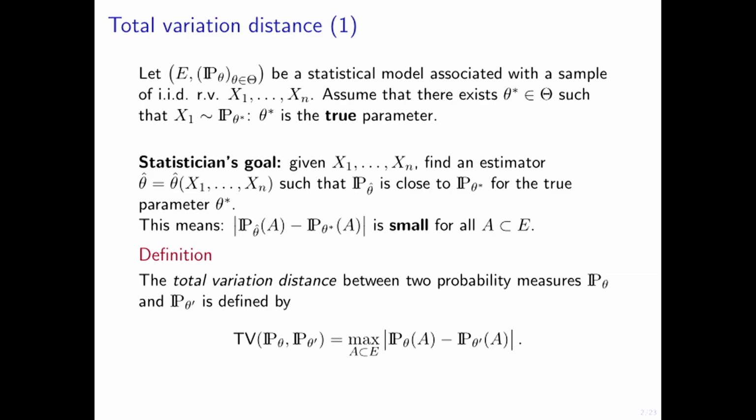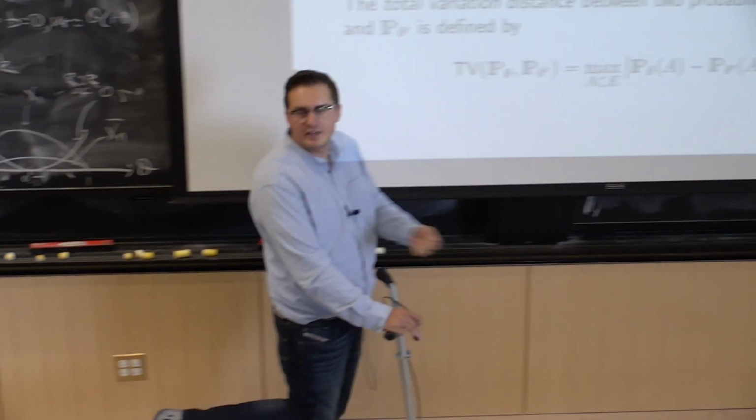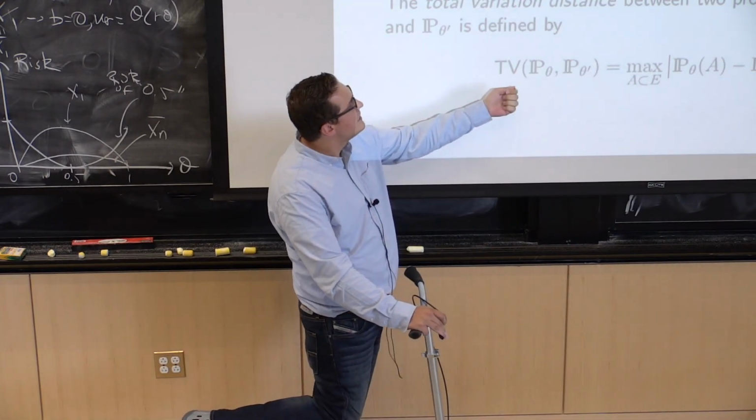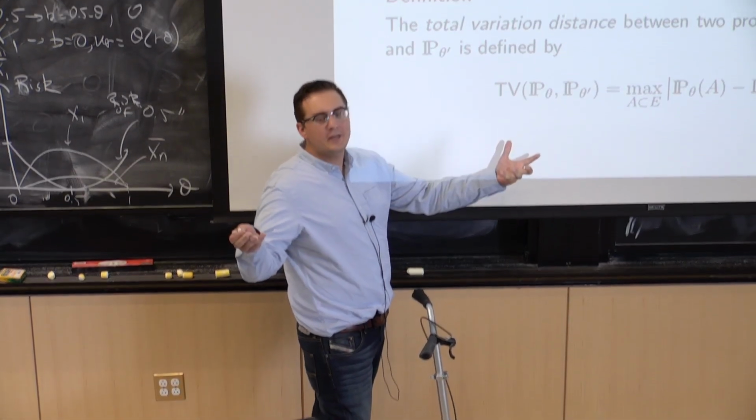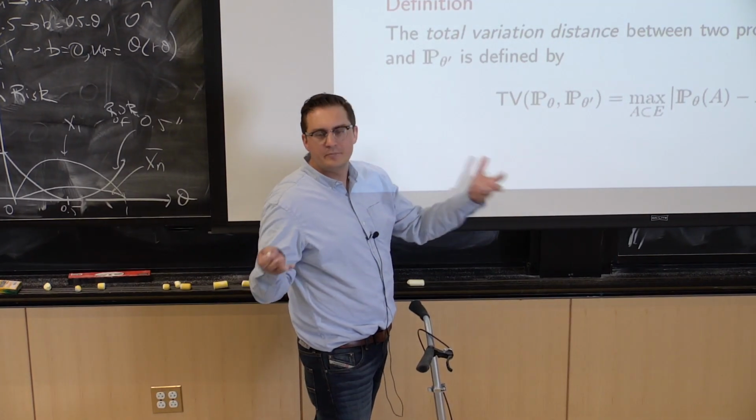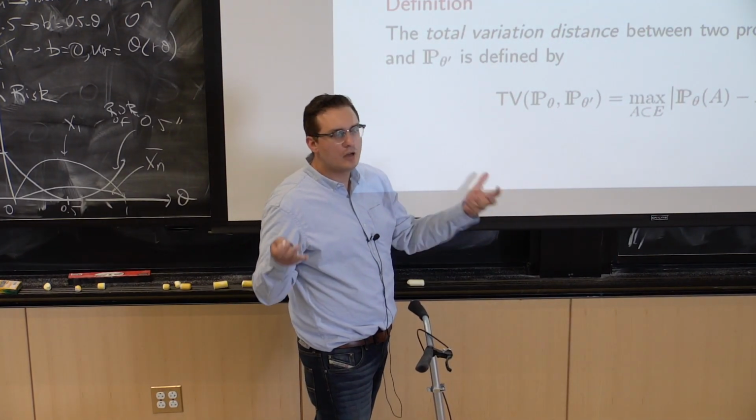And I'm going to look at the worst possible event on which theta hat can depart from theta star. And so rather than defining it specifically for theta hat and theta star, I'm just going to say, well, if you give me two probability measures, p theta and p theta prime, I want to know how close they are.